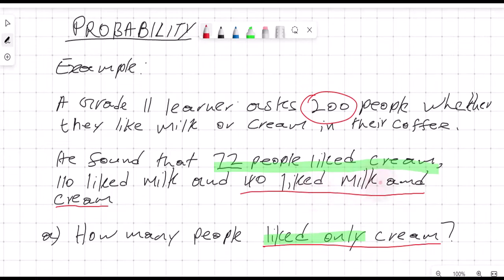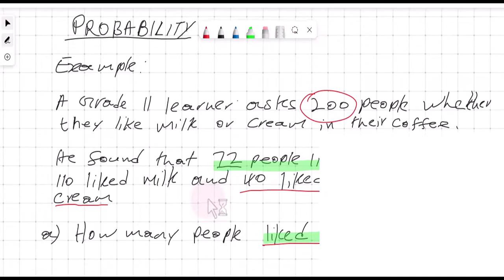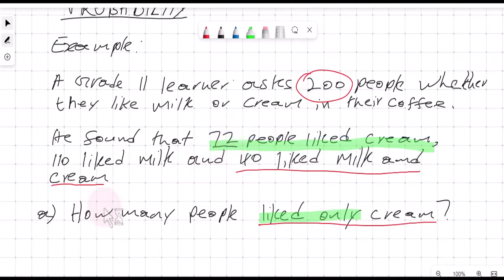Some of them might be in this 72, some of them might be in this 110. So if we want to know how many people like only cream, we have to remove 40 people from the 72. Because in these 72 people, we have 40 people who like milk and cream. Do you see that?